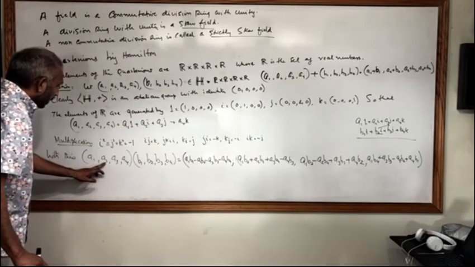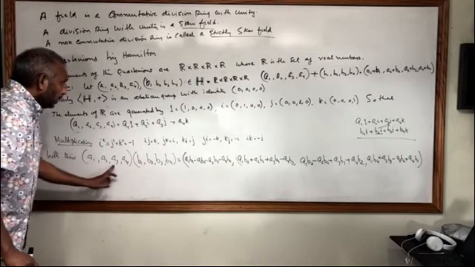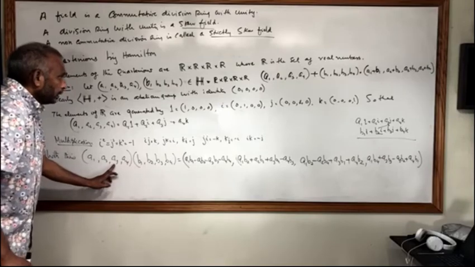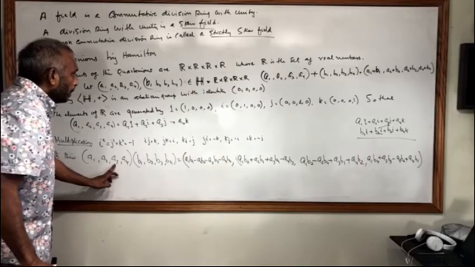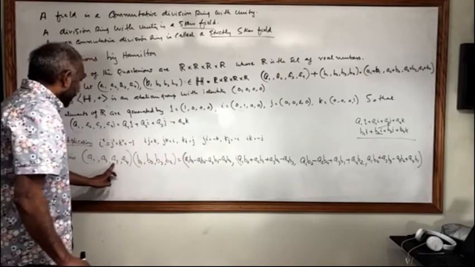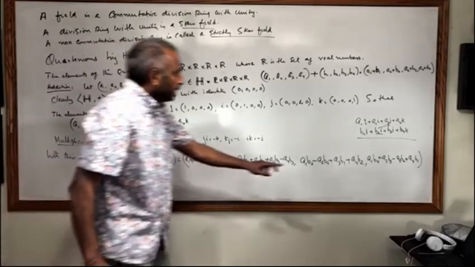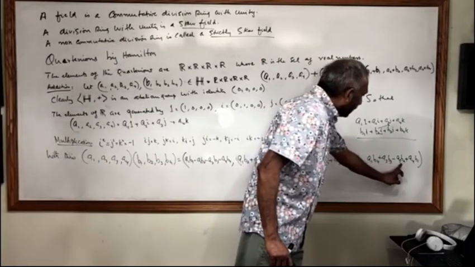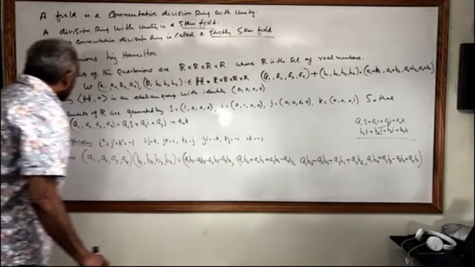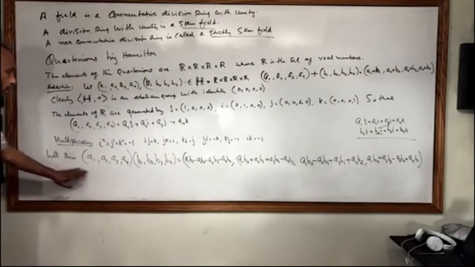But a3 b2 is actually minus k, that is ji, and that is why we have a negative here. So this is the definition of the multiplication.